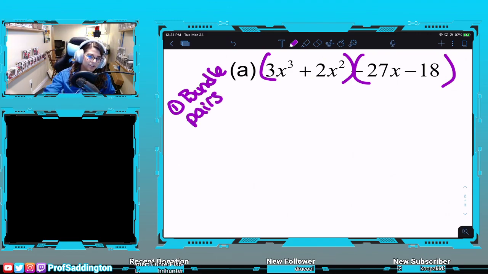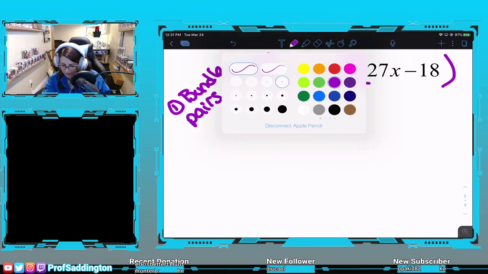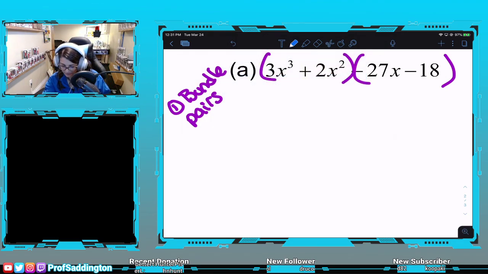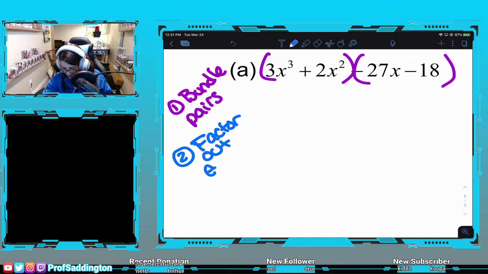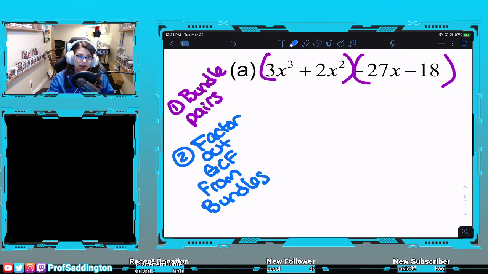So bundle the pairs, just put them in parentheses. Step 2 is to factor out the GCF from the bundles. So we bundled them. Now we're factoring out the GCF from the bundles.